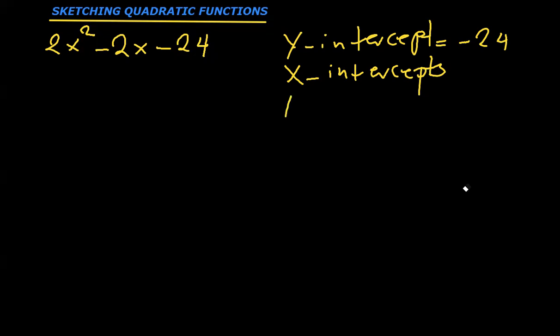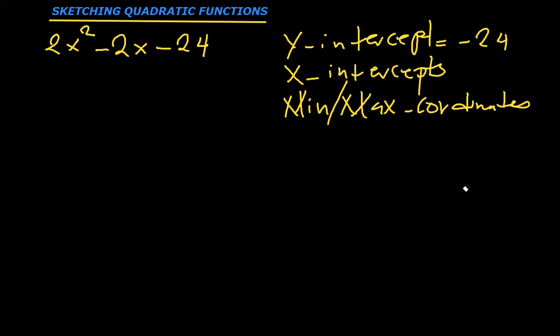You also need to determine if our graph has a minimum or a maximum, so we need its coordinates. So those are the 3 things we need: the y-intercept, the x-intercepts, and the minimum or maximum point and its coordinates.